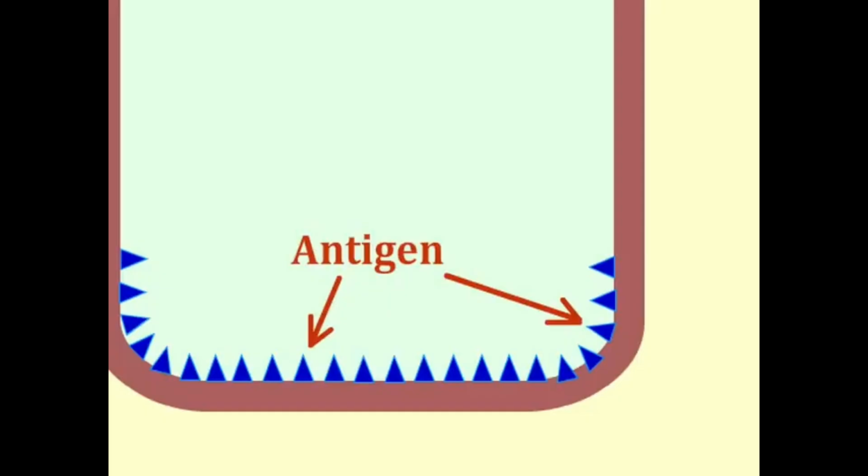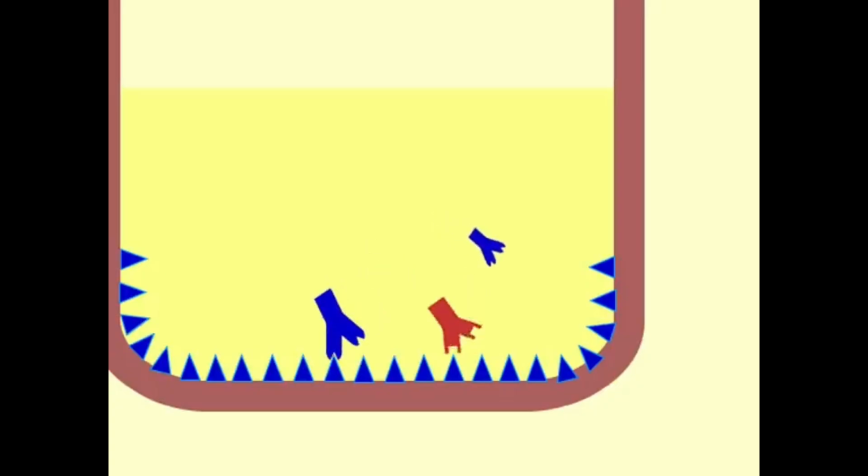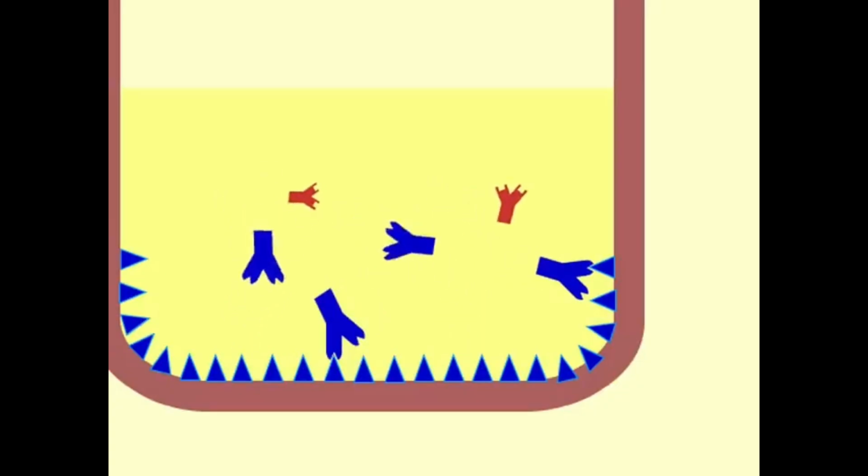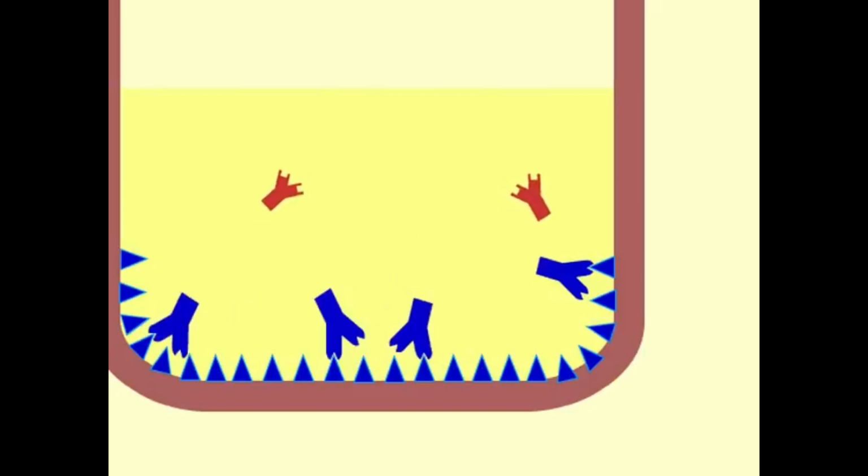So the development of color by using a chromogenic substance indicates the presence of antigen and antibody binding. Therefore ELISA can be used to detect either the presence of antigen or antibody in the sample depending upon how the test is designed, as you can see in the figure.